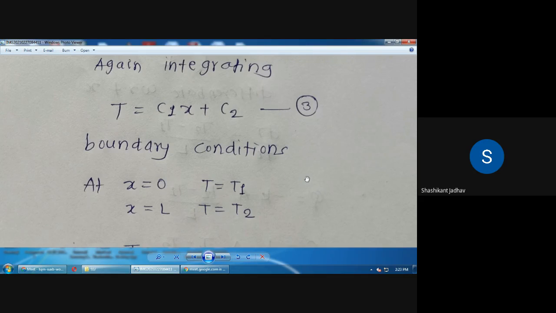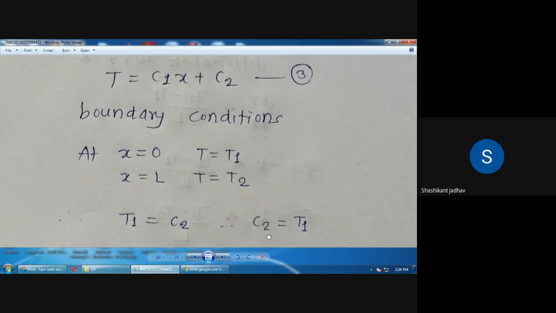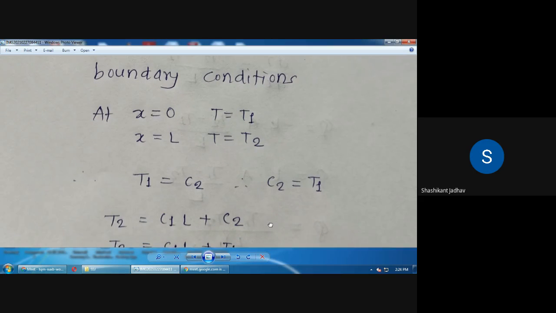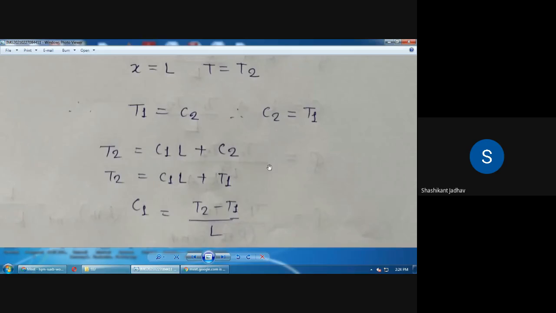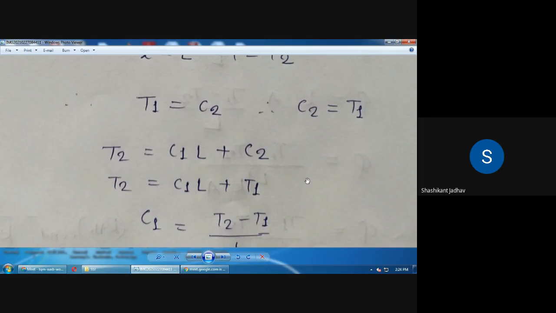Put those values into the equation, then we get the other constant. From that we get the equation T2 is equal to C1L plus C2.